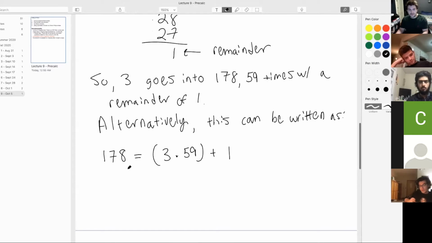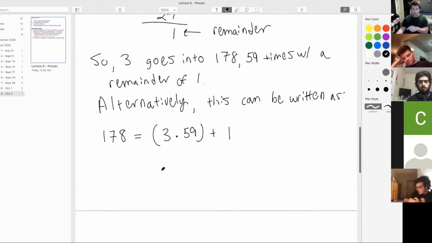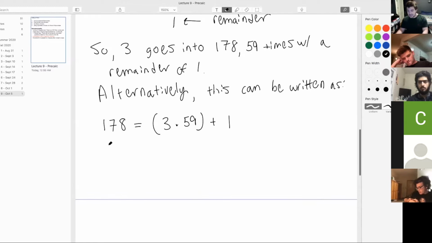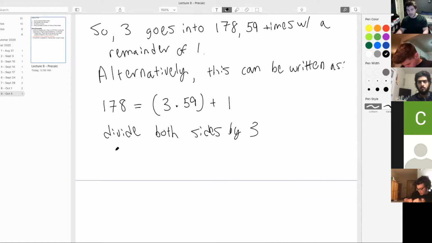So alternatively, we can write that 178 is equal to 3 times 59 plus 1, and we can divide both sides of this equation by 3. We get 178 over 3 is equal to 59 plus 1/3.